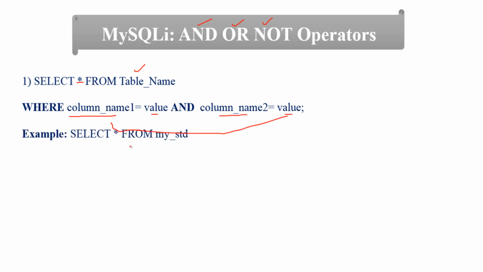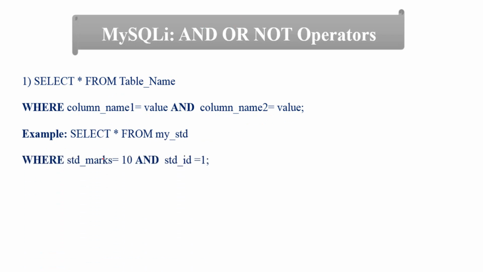For example, select all from this table. You know that our table is my_std, where student marks equal to 10 and student id is 1. If a student has id 1 and its marks is 10, this record should be displayed to the user. If student id is 2 and marks is equal to 10, then it will not be retrieved from the database table.